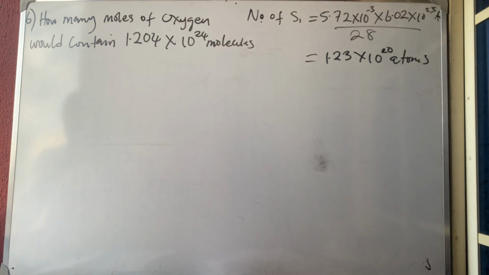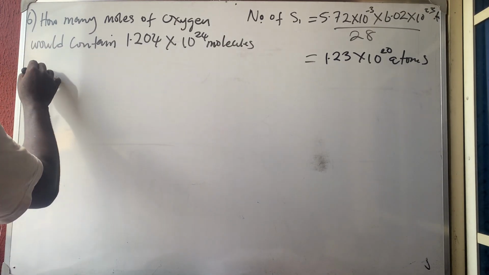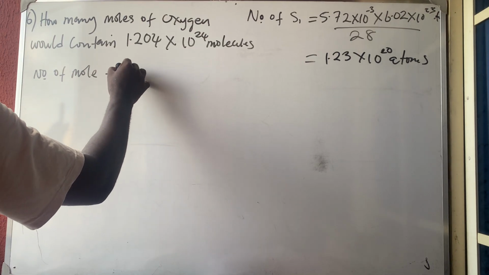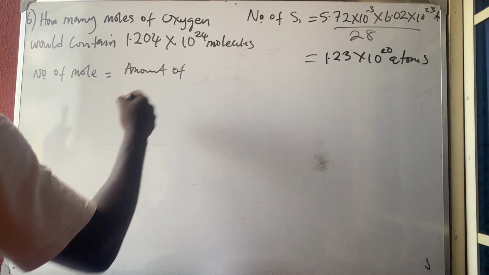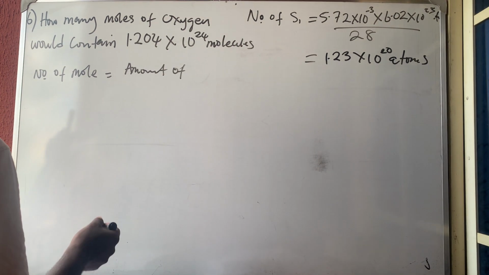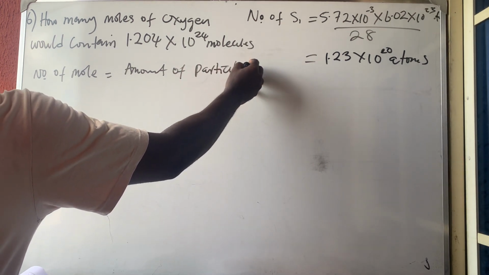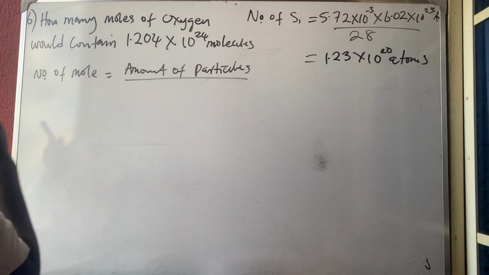Now this is very simple. We know that number of mole is simply the amount of substance, or amount of particles, all over Avogadro's number. Don't forget this formula. It's very, very simple.